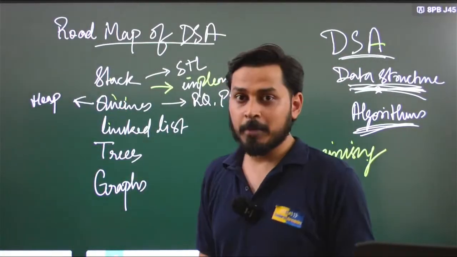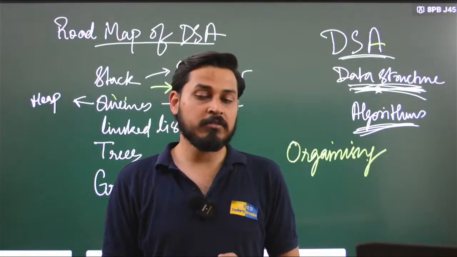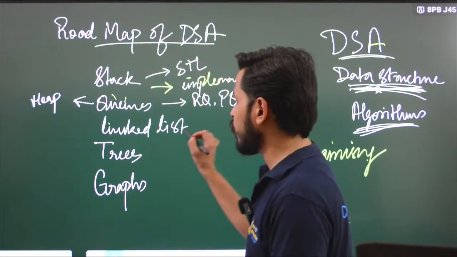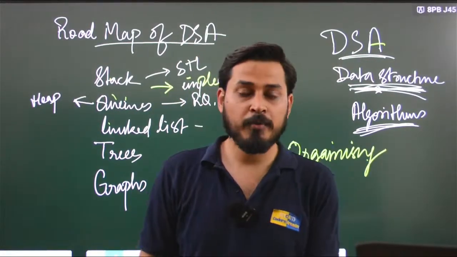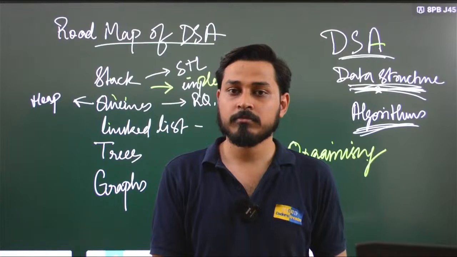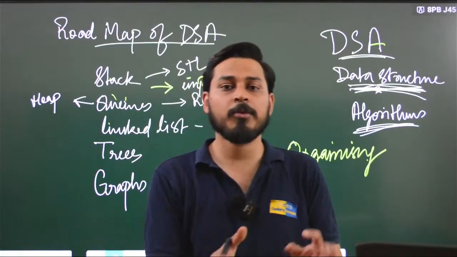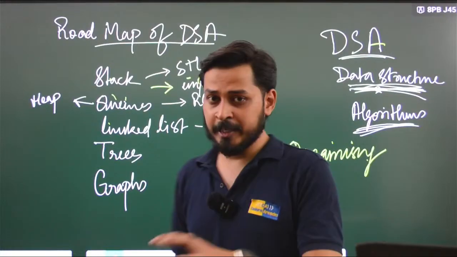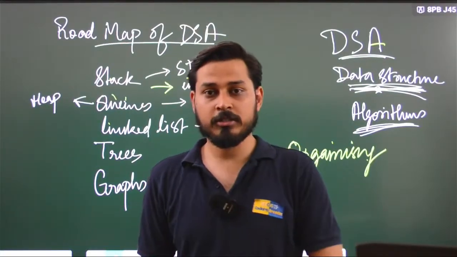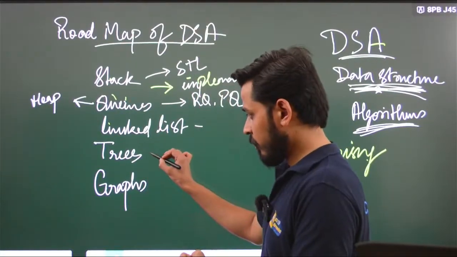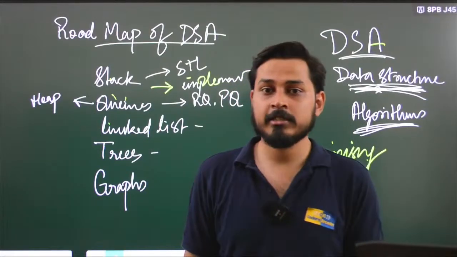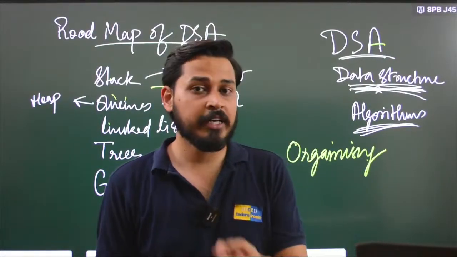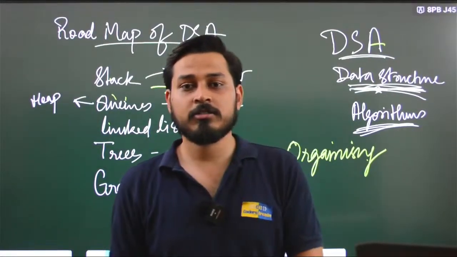Before we complete priority queues, normal queues will be covered, and then later on we will move on to the linked list concept. We will understand how linked lists work, how to solve a particular problem on a linked list. Then we will talk about different kinds of linked lists and finish up the linked list concept. We're going to talk about trees: what are trees, different types of trees, binary search trees, binary trees.